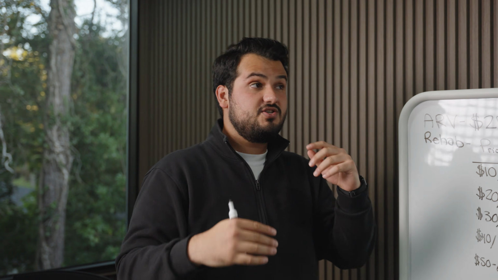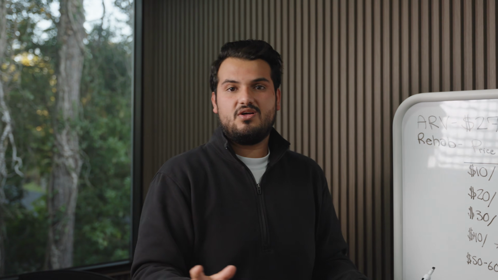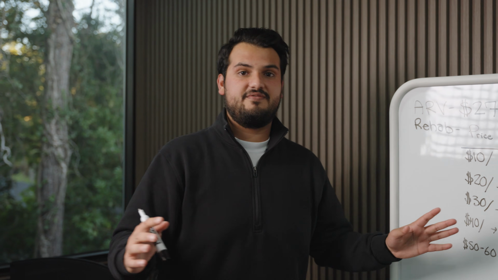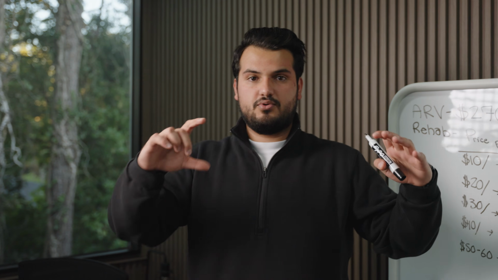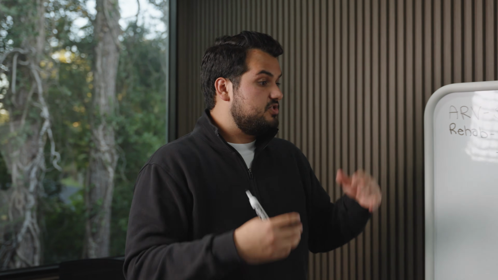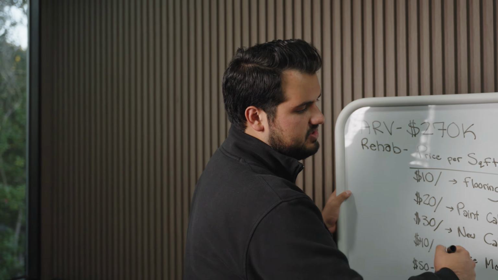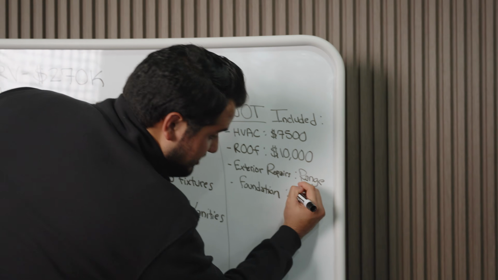So there might be foundation issues, and that could range dramatically. That could be a $5,000 fix, that could be a $20,000 fix. The other thing is if there's moisture in the basement and you see major cracks on bricks, that could be a major foundation issue. So foundation is another thing to consider that would be on top of this overall cost. It also ranges.